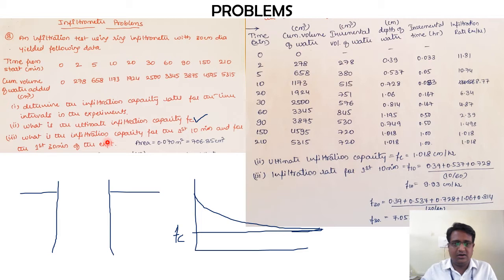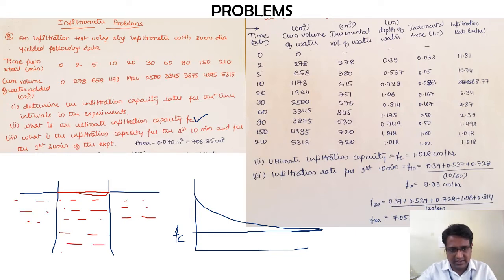Now to explain how this question has been formulated. Imagine this as a single ring infiltrometer and this as the ground level. Inside, this is the soil level, and we have soil everywhere, even surrounding the ring. Next, they have added water like this and are trying to maintain the same depth of water over this particular soil.